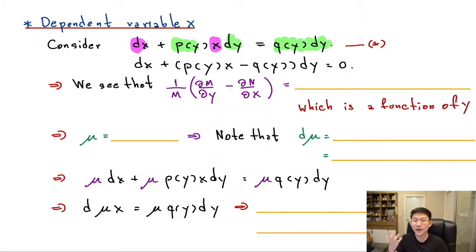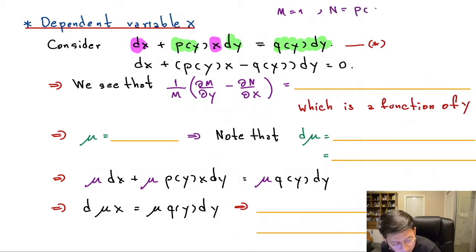And then I look at 1 over M, (∂M/∂y minus ∂N/∂x). Okay guys, let's look here. In this case, M is 1 and N is p(y)x minus q(y). So we have that ∂M/∂y is 0 and ∂N/∂x is actually p(y).